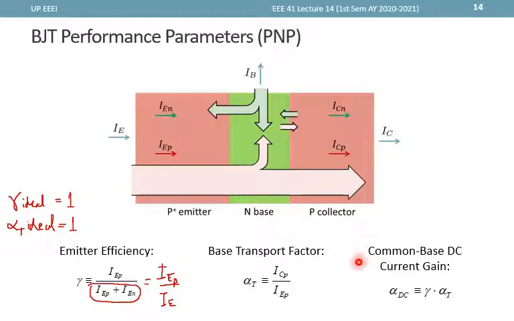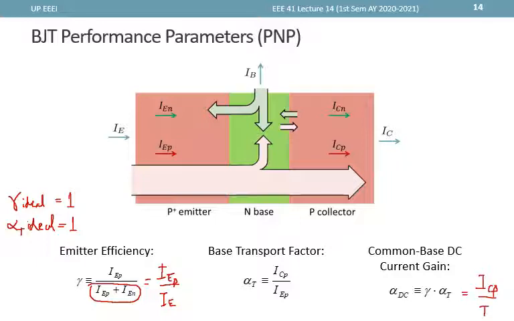So next, the common base DC current gain, alpha DC, is simply gamma alpha T. So if we multiply these two right here, IEP over IE times ICP over IEP, and so IEP will cancel and we will be left with ICP over IE.